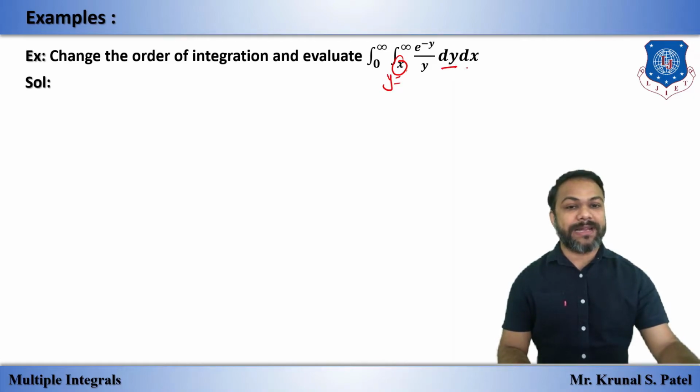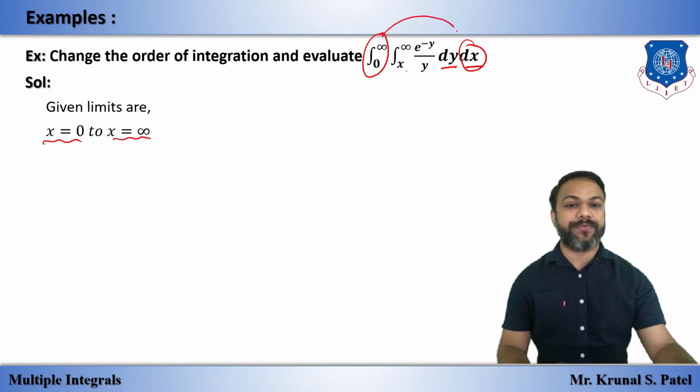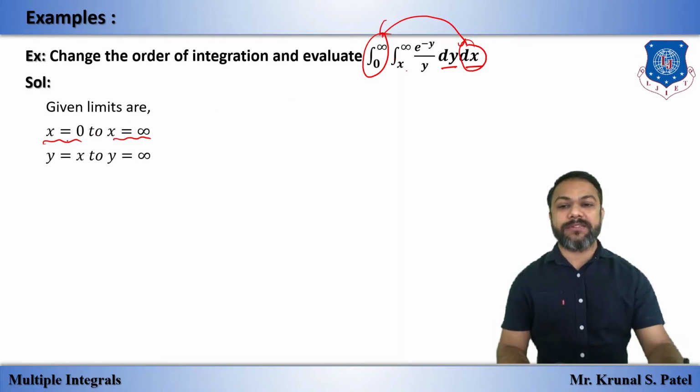So dy is inside and dx is outside. The inside limit is y equal to x to y equal to infinity, and the outer limit is x equal to 0 to x equal to infinity. So the given limits are x equal to 0 to infinity, which is the outer limit, and the inside limit is y equal to x to y equal to infinity.